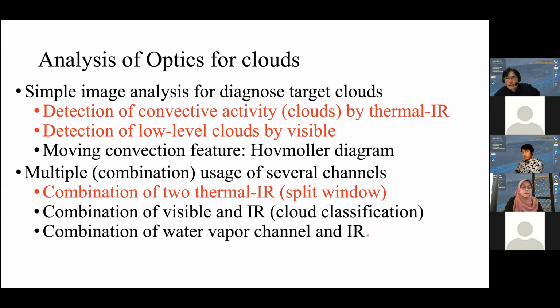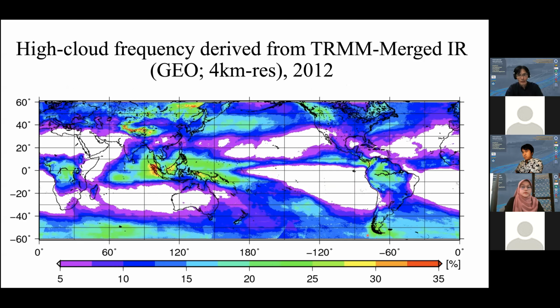So firstly, I show the global distribution of globally merged geostationary satellite data, with the percentage of brightness temperatures and cloud frequencies. This is a kind of proxy of the cloud activities. This is very simple.